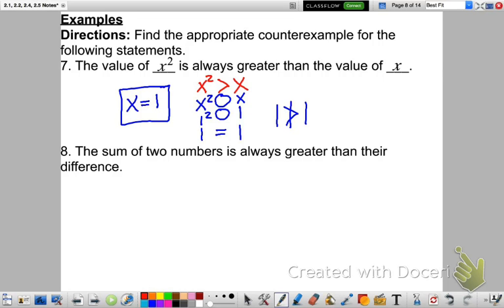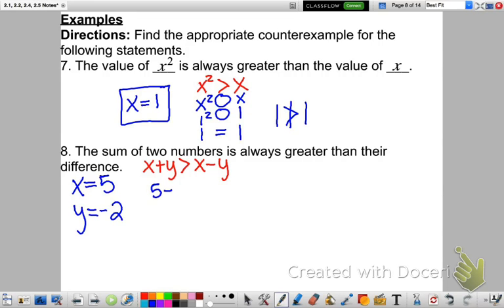The sum of two numbers, x plus y, is always greater than their difference. We want to prove this false. Let's try x positive and y negative.